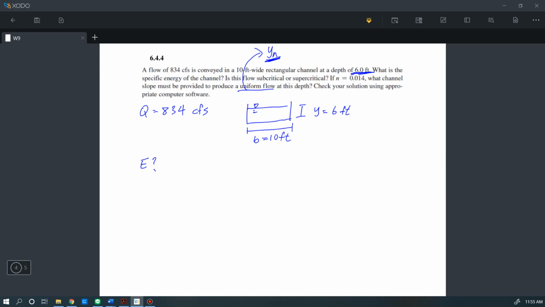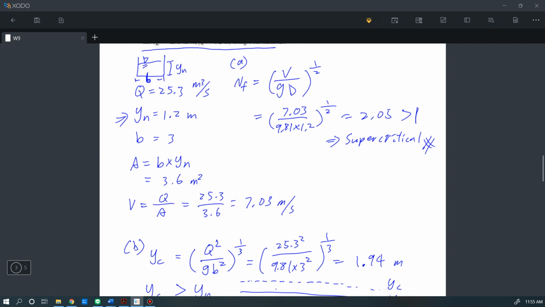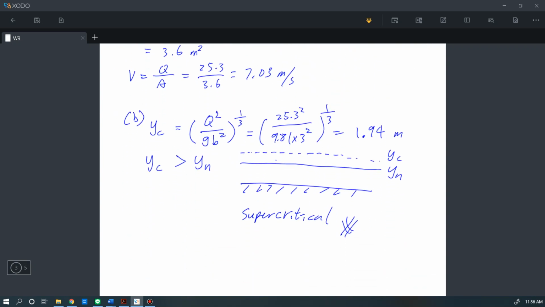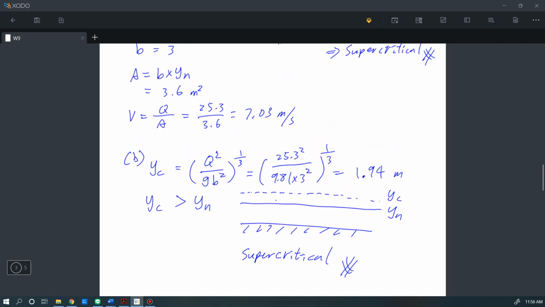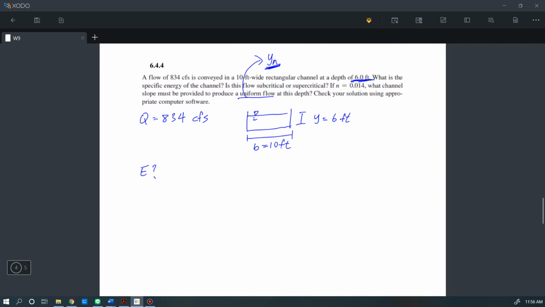To identify whether this flow is critical, subcritical or supercritical, we had two options in the previous problem: calculate the Froude number, or calculate the critical depth and compare it with the current depth we have for this channel.